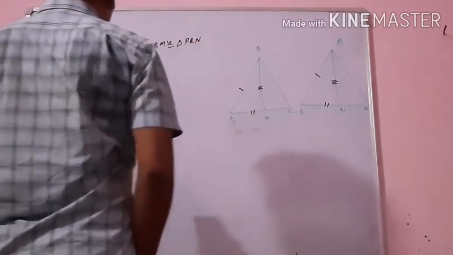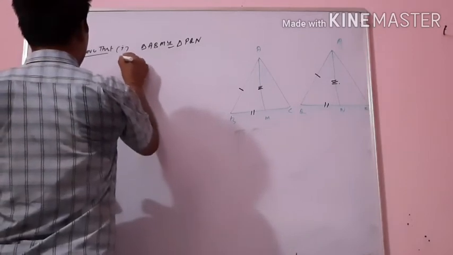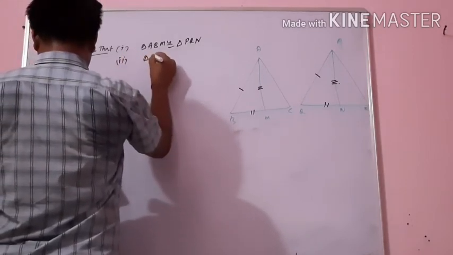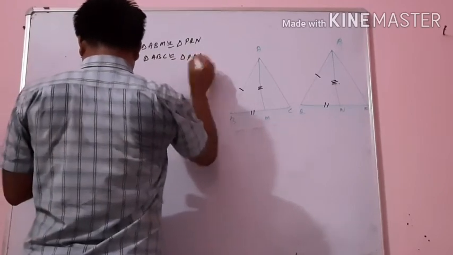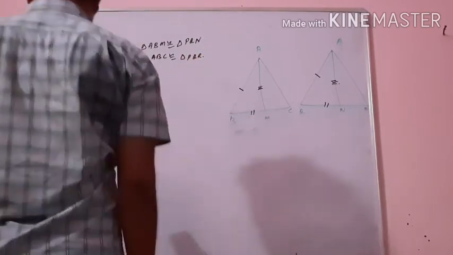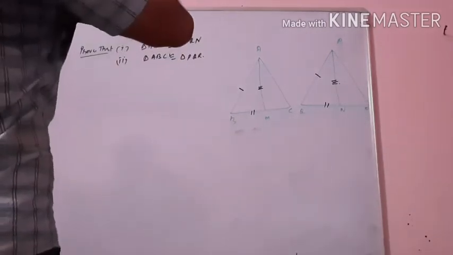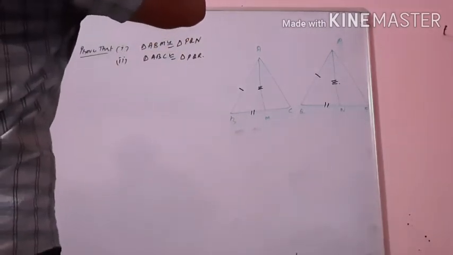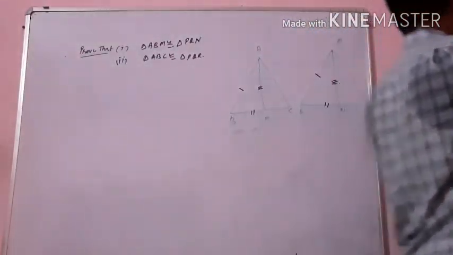And the second part is that triangle ABC is congruent to triangle PQR. Now see, what we have in this question.